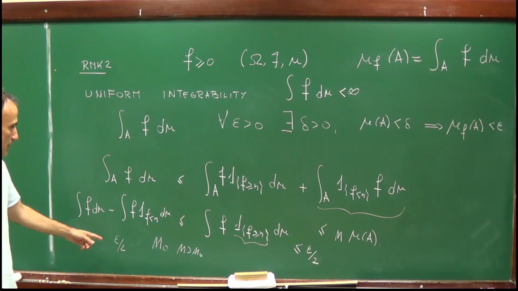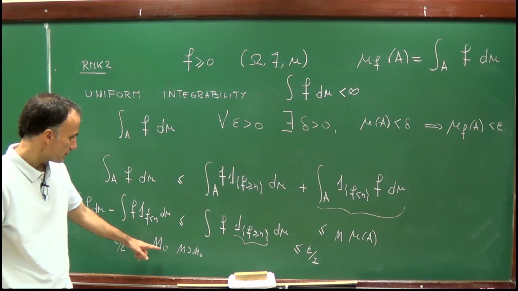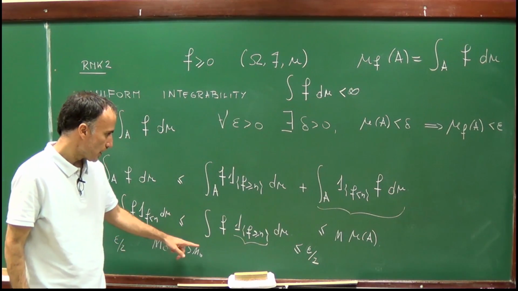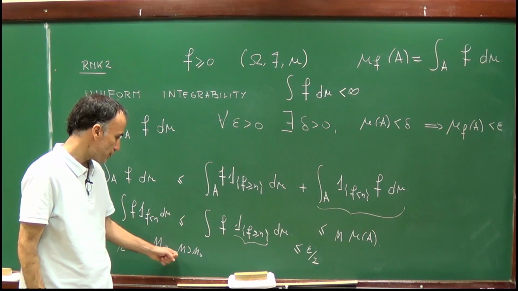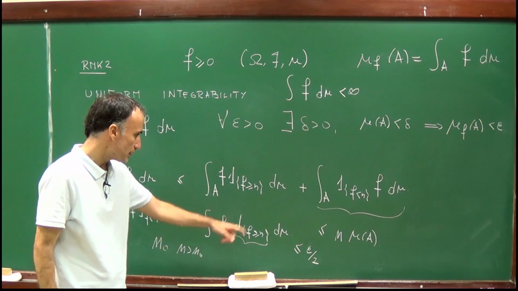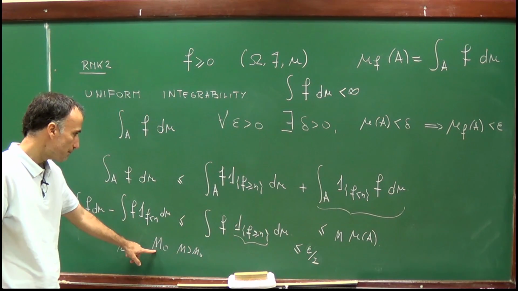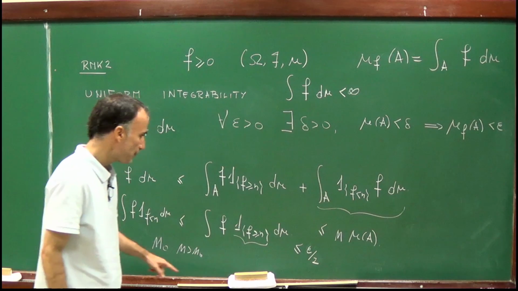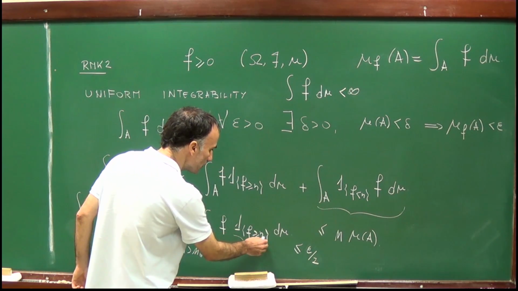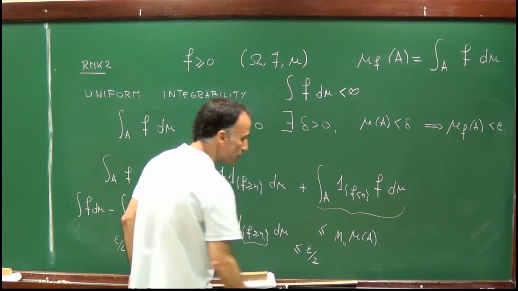Right, so I fixed epsilon, and I can find this integer n_0 such that if n is larger than n_0, then this integral is smaller than epsilon over 2. Once I fixed this n_0, I can use it in this inequality.